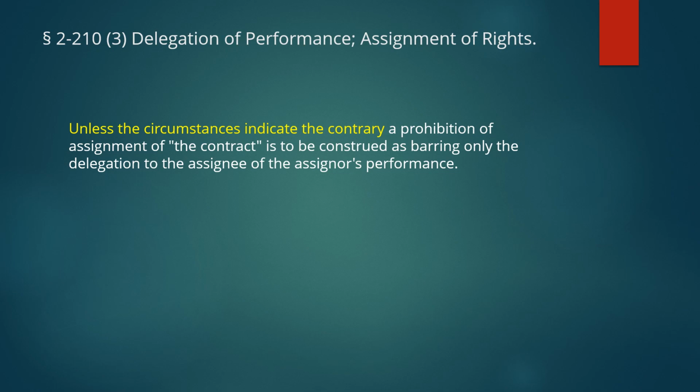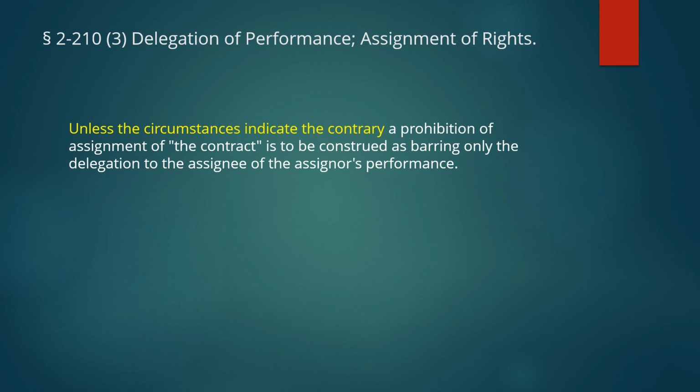So, unless the circumstances indicate the contrary, a prohibition of assignment of the contract is going to be construed as barring only the delegation to the assignee of the assignor's performance. What that means is, in the case that we just talked about, the prohibition of assignment specifically said you cannot delegate or assign rights or responsibilities.